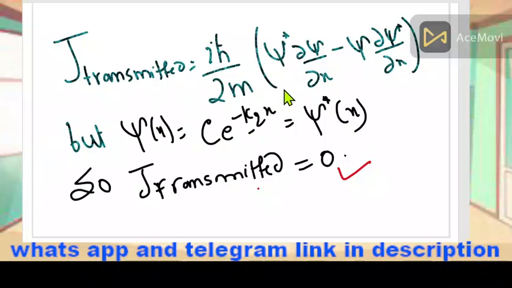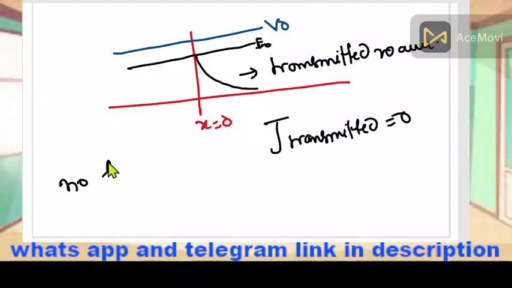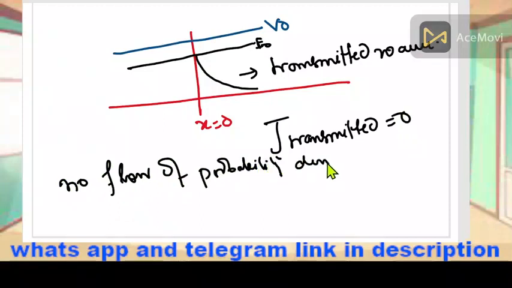Since the conjugate and wave function are the same, it will give 0. This means there is no current here. There is no flow per unit time. J transmitted is 0, meaning there is no flow of probability density in this region.